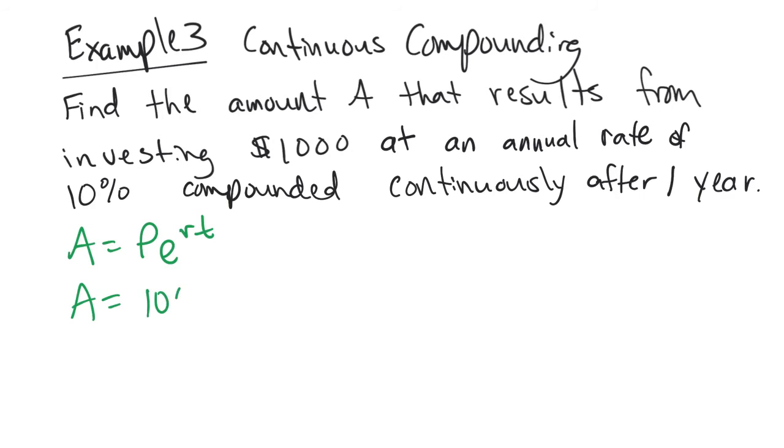Our principal is $1,000, and then it's E raised to the, R is 10%, so 0.10 times 1, because it's just 1 year, right? So when you type this into your calculator, you end up getting $1,105.17.